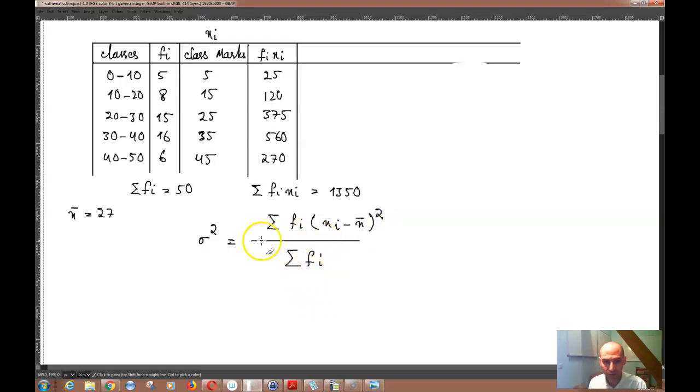Right, that's variance. And since sigma f of i is equal to n, they write this as 1 over n times sigma of f of i times x of i minus x bar whole squared, as i goes from 1 to n.